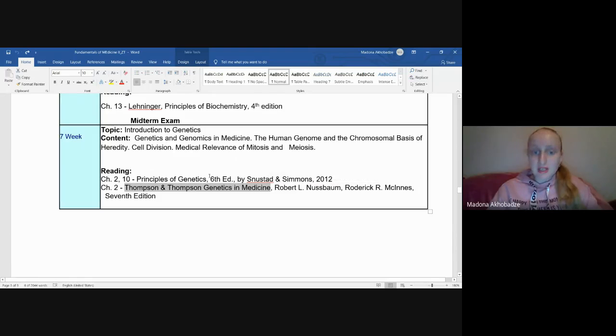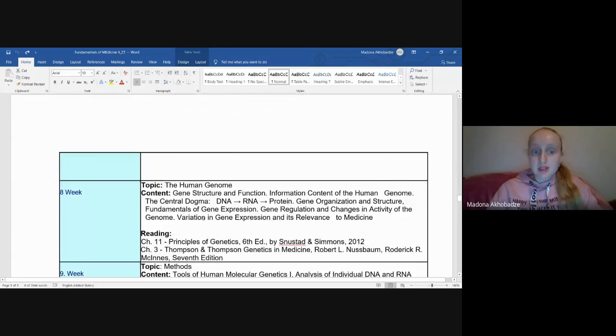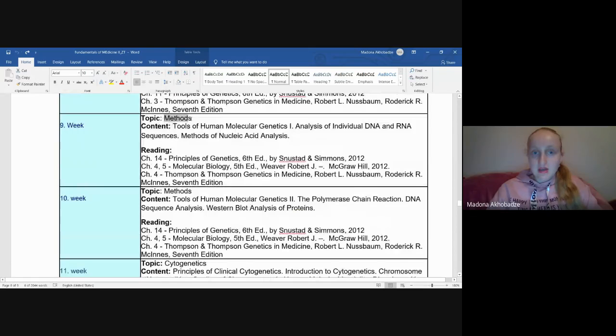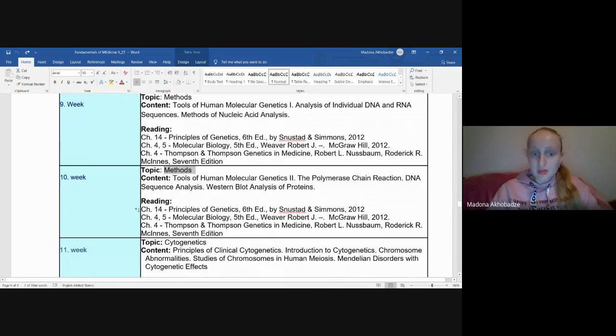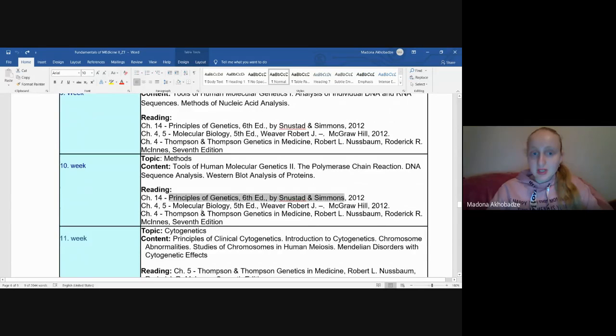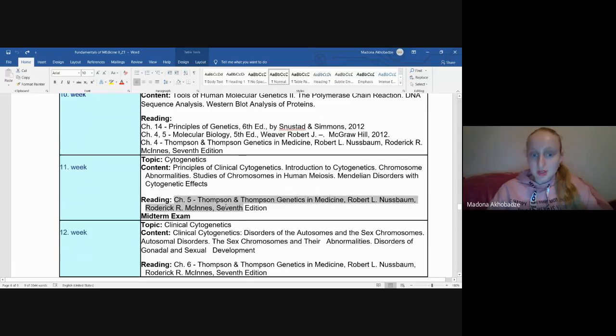I have combined those two in my PPTs, but for example, for methods, weeks 9 and 10, I only use chapter 14 out of the first book. So if you study from the Principles of Genetics, this part, but for cytogenetics, you can see there is no option in here.